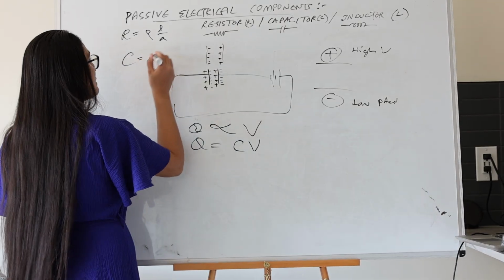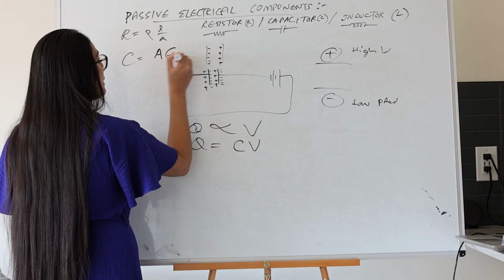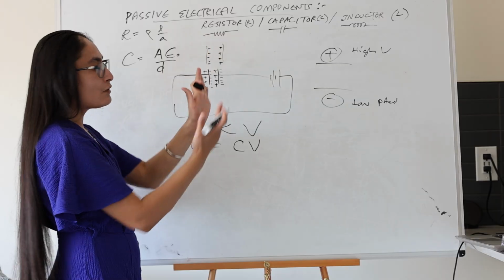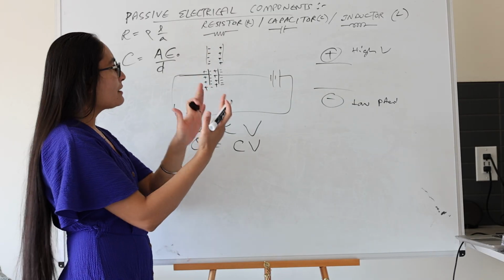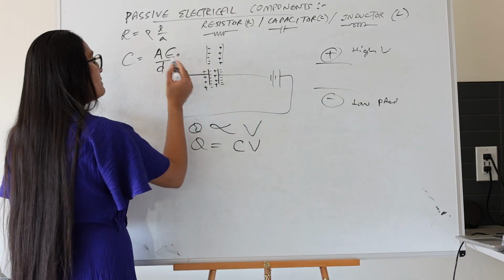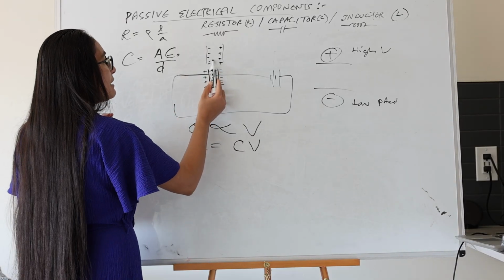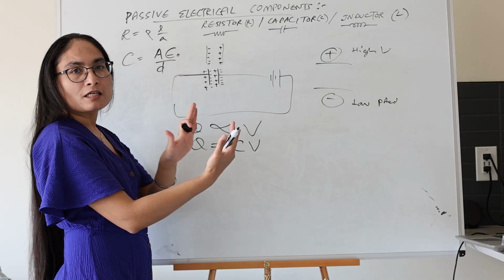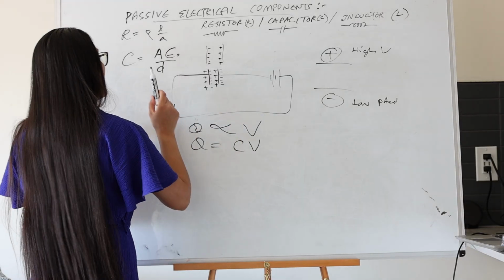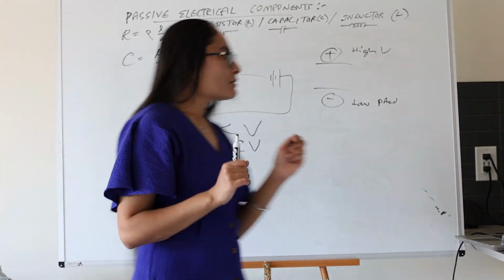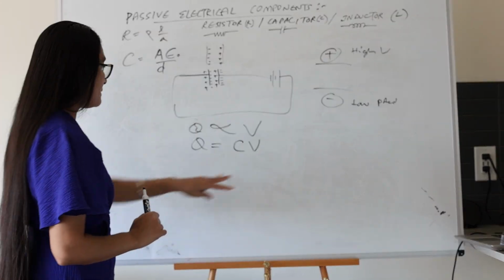Specifically, C is equal to A epsilon over D. A is the area of the plate, epsilon is the property of the insulating material separating these two parallel plates, and D is the distance between the two parallel plates. That is what defines C.